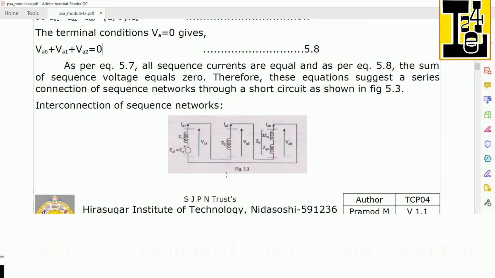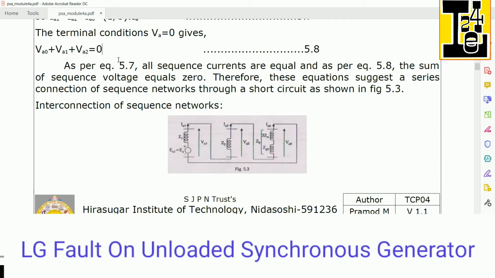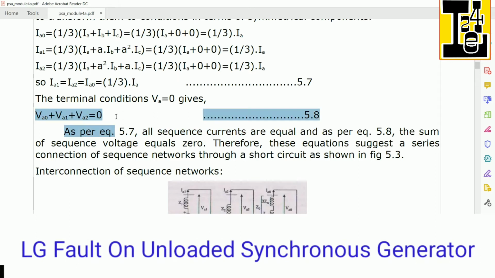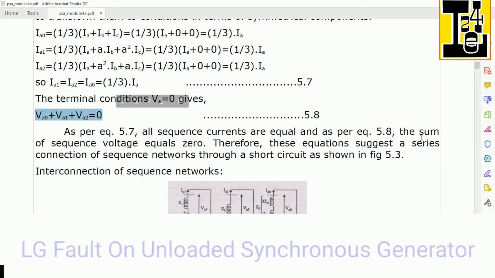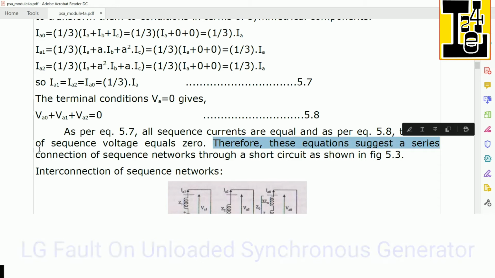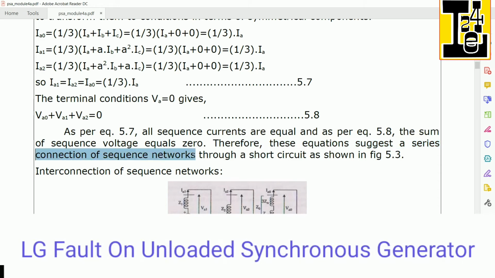By observing the first equation, we can say that all the sequence currents are equal. Observing the second relation, we can say that the sum of the sequence voltages equals 0. Therefore, these equations suggest a series connection of the sequence networks through a short circuit.